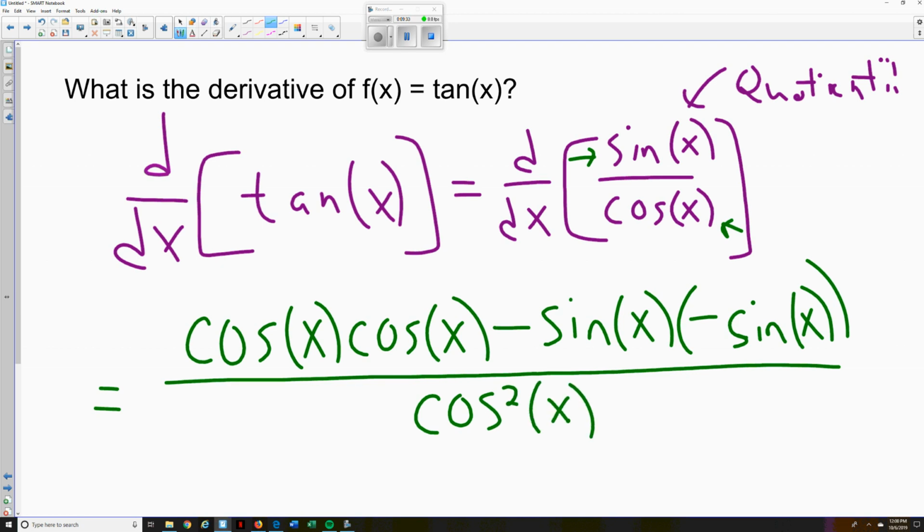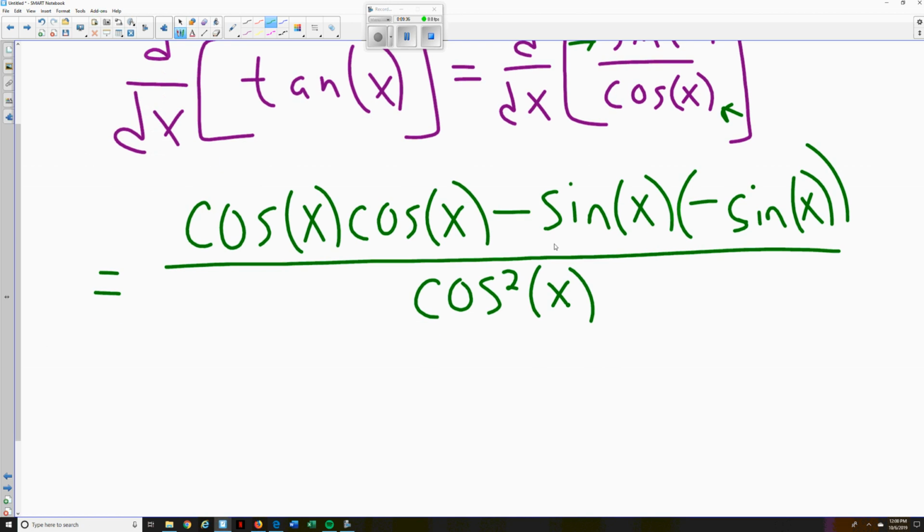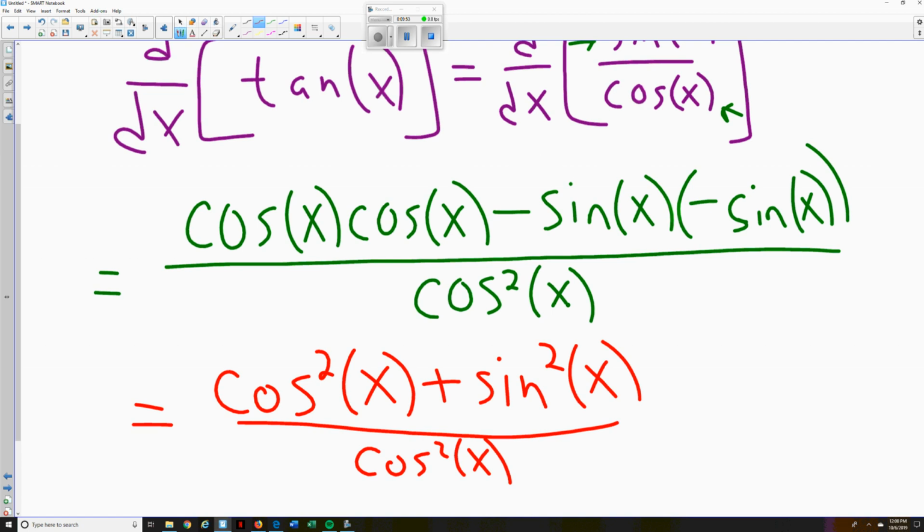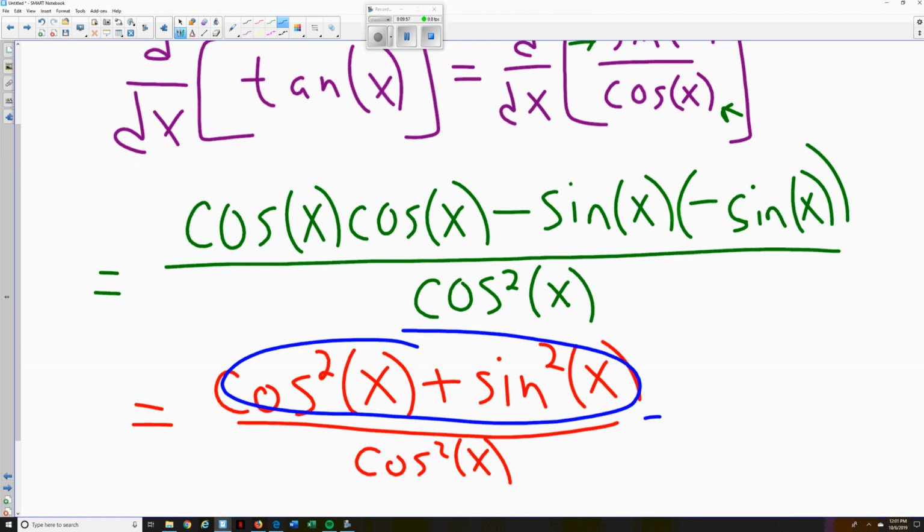Okay, so if we work this out, notice I have a negative and a negative, so this is cosine squared of x plus sine squared of x, still all over the cosine squared of x. You remember from pre-calculus, cosine squared of x plus sine squared of x is just 1.